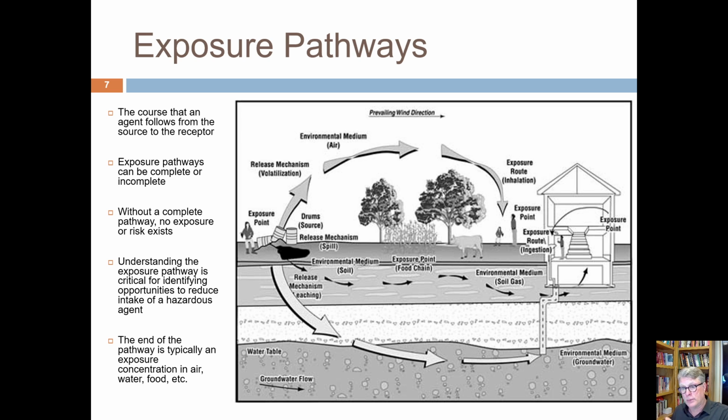Where in that pathway is it possible to reduce transport, or to reduce emissions, or to reduce the actual exposure? By understanding the pathway, you can figure out where to intervene. Now, the end of a complete pathway of exposure is typically an exposure concentration, meaning the amount of that substance in air, water, food, etc.